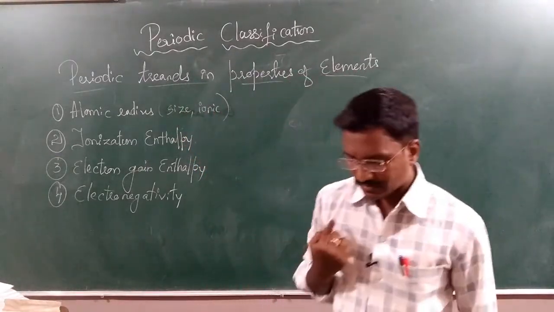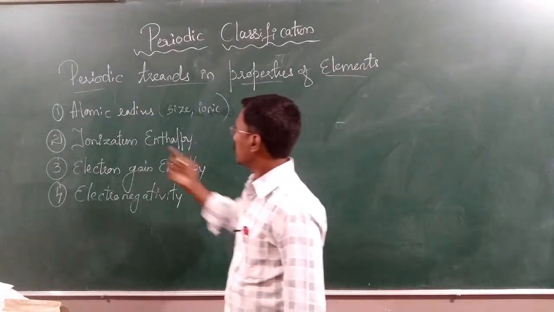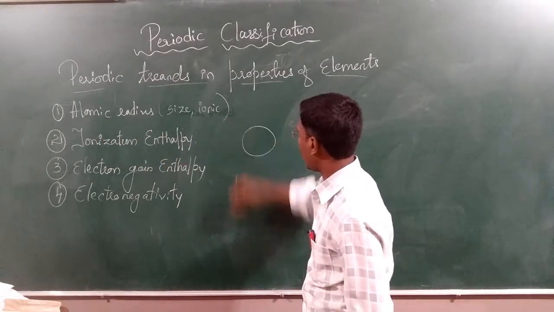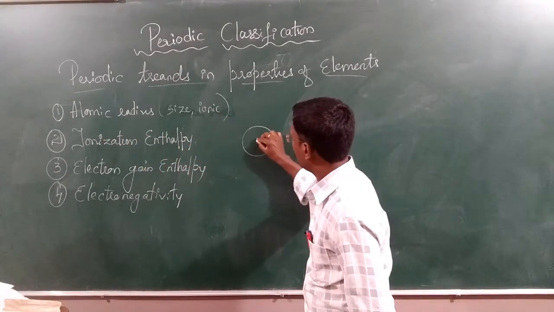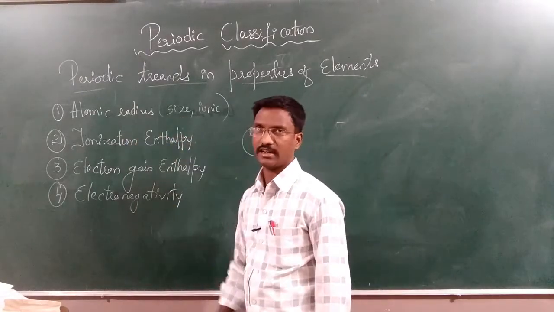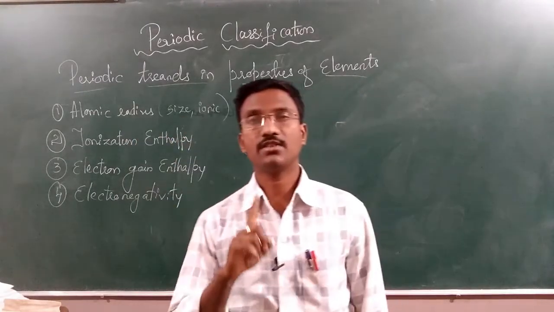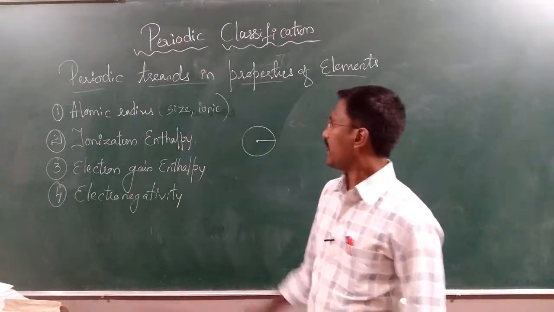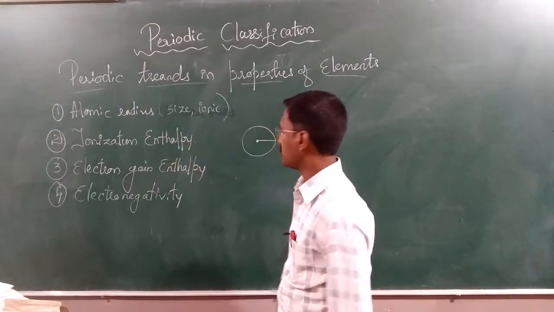Look here, atomic radius is nothing but this is the atom. To express the size, we represent the size of the atom on the basis of radius. For that reason, if they ask for the size or radius, everything is the same.